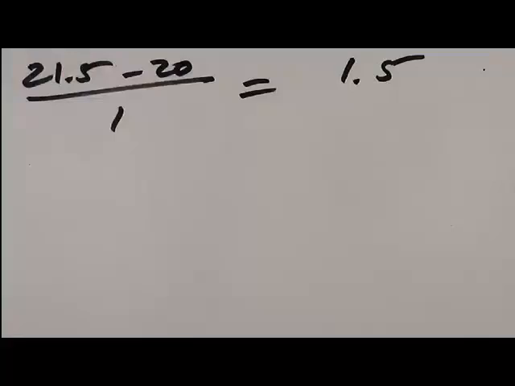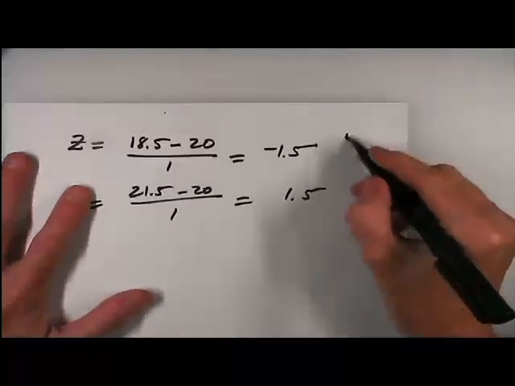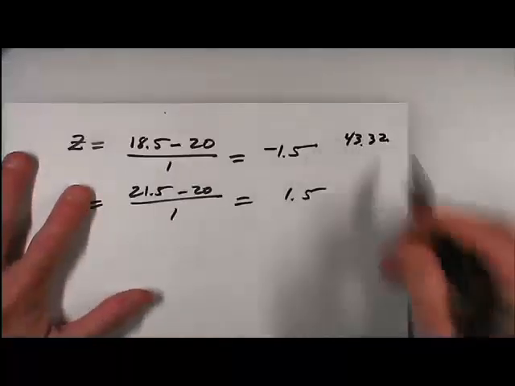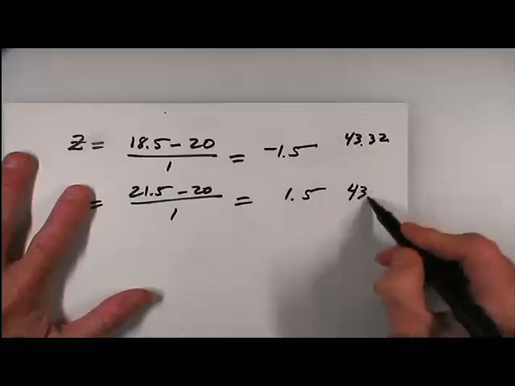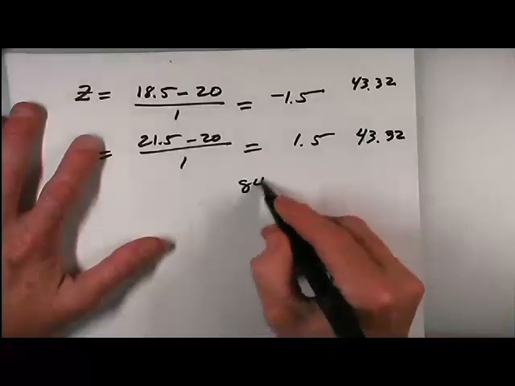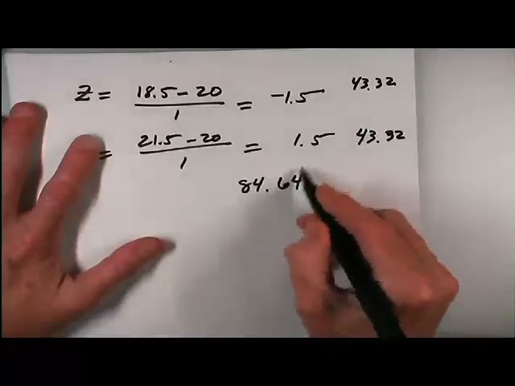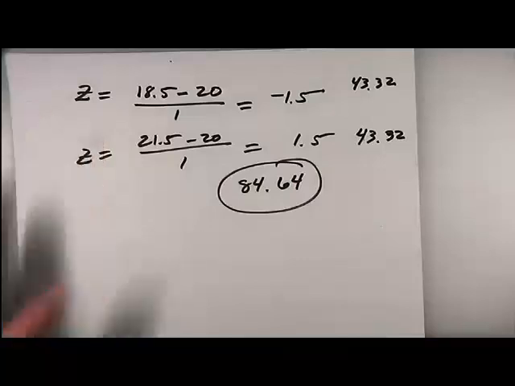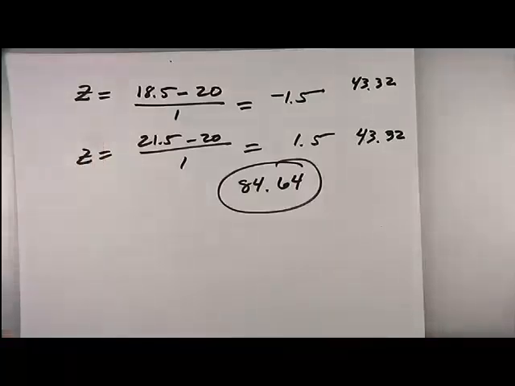So this is 43.32, and so is this, 43.32. So when you add them up, you've got 84.64. So when he did it in his head, with the rough cut, he's got 82%.